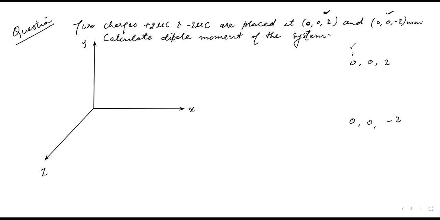This is the value of x, this is the value of y, and this one is the value of z, along the z-axis. This is the plus z-axis, and this is plus x and plus y. What will the minus z-axis be? If we draw the plus z-axis, then behind it will be the minus z-axis. Do you understand?